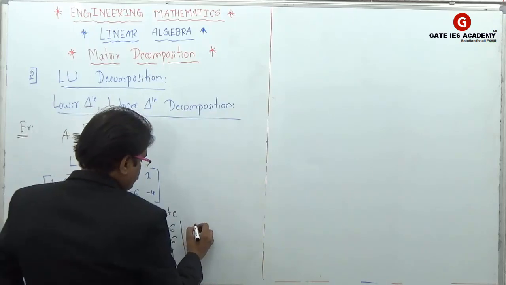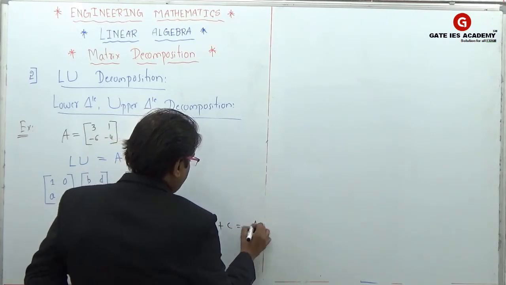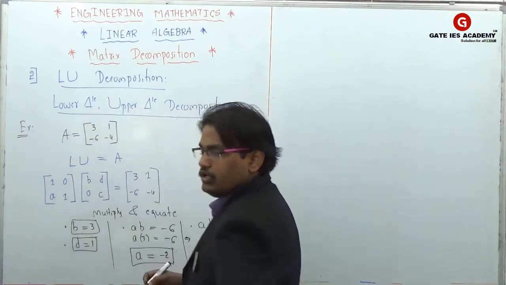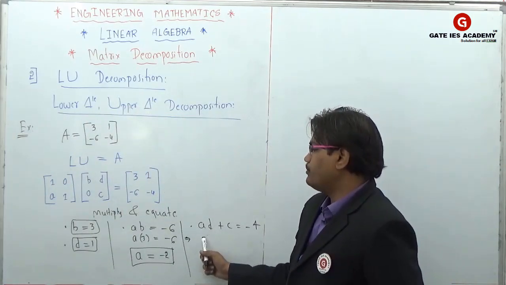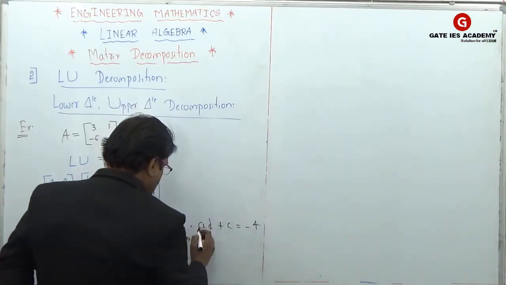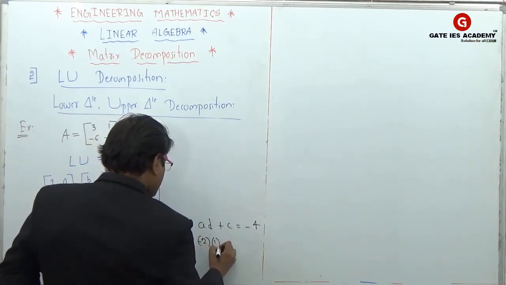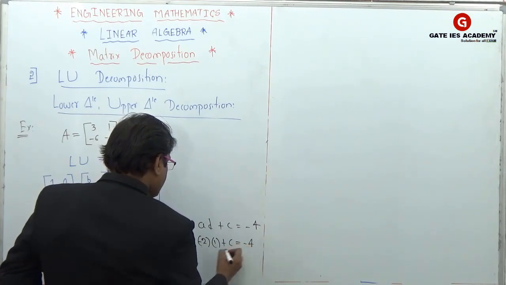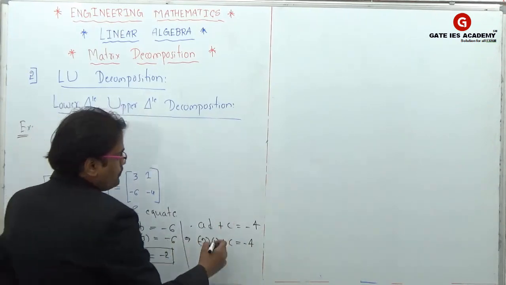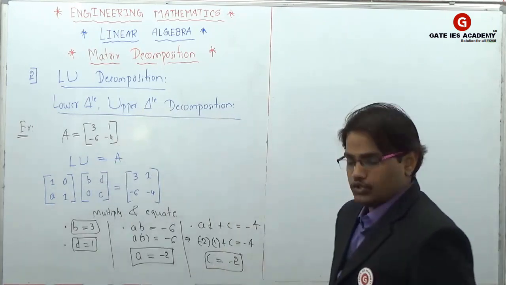So put the values of A as minus 2, D is 1, plus C, that is unknown, equal to minus 4. Therefore, C is equal to what? Minus 2 becomes plus 2. 2 minus 4 is minus 2. So C will be minus 2.